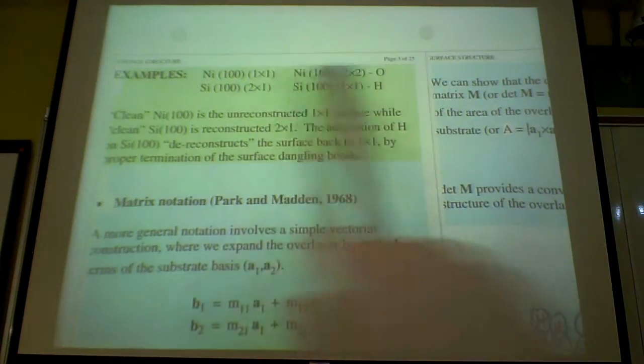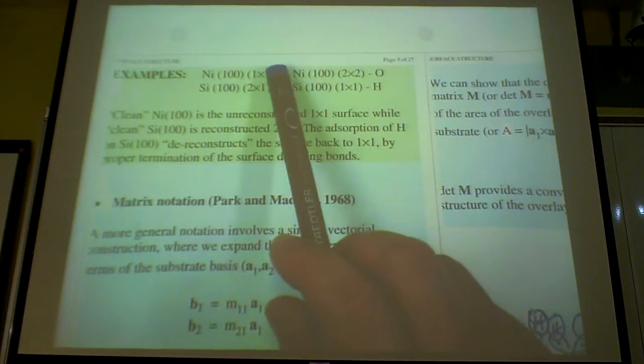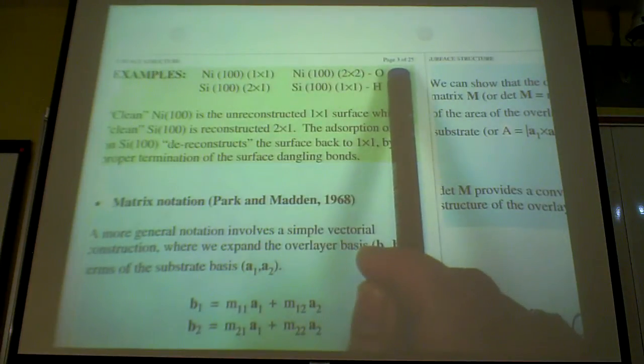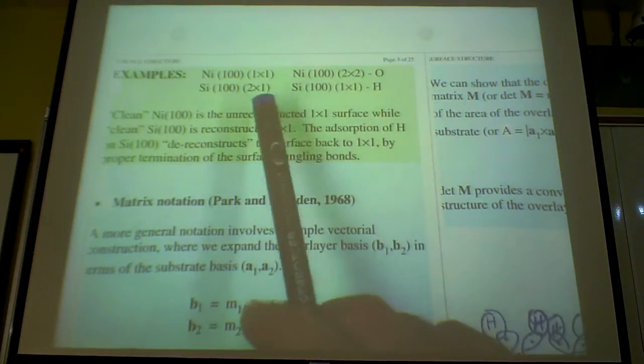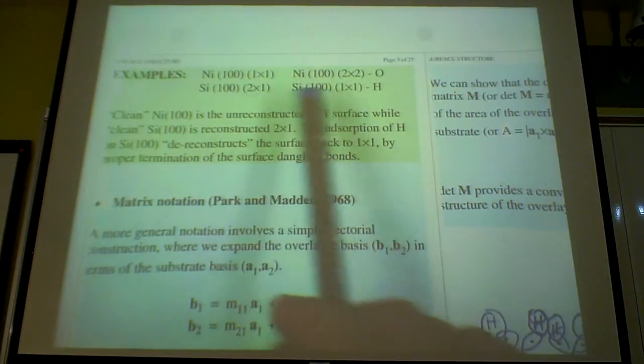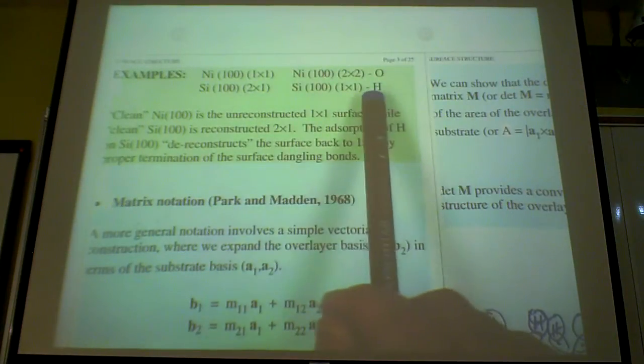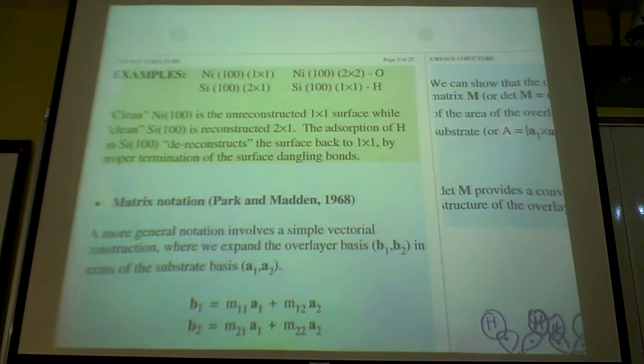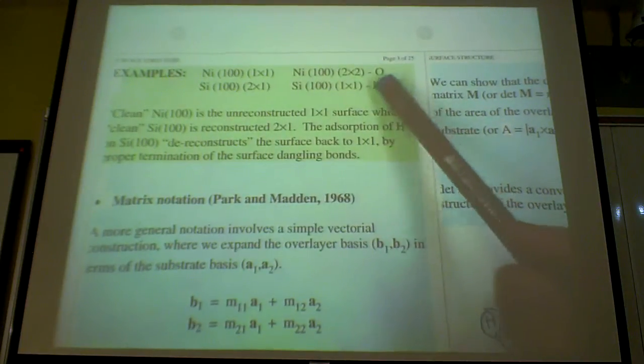So you can have both. In other words, if you start off with a clean surface, you can get reconstruction by putting adsorbate on top, or you start off with a reconstructed surface, you put atoms on top, and it actually de-reconstructs the original reconstruction. So nature occurs in either way. So you have to really know your system when you talk about that.